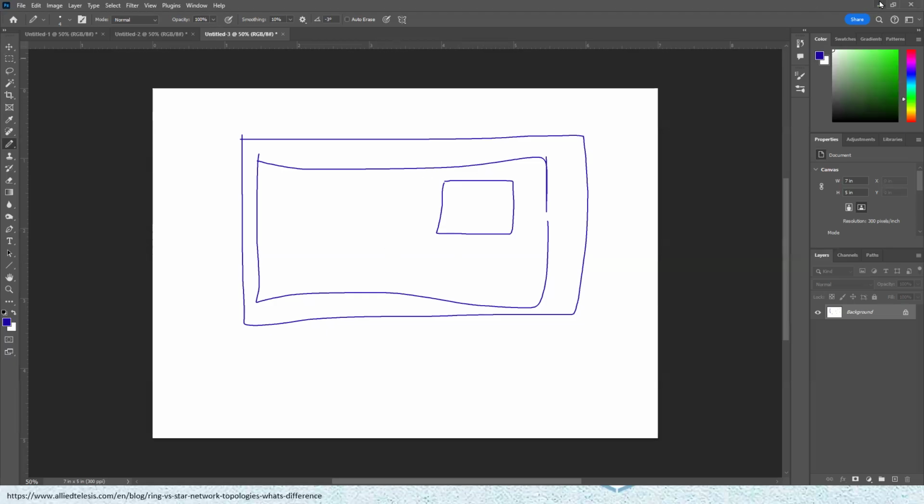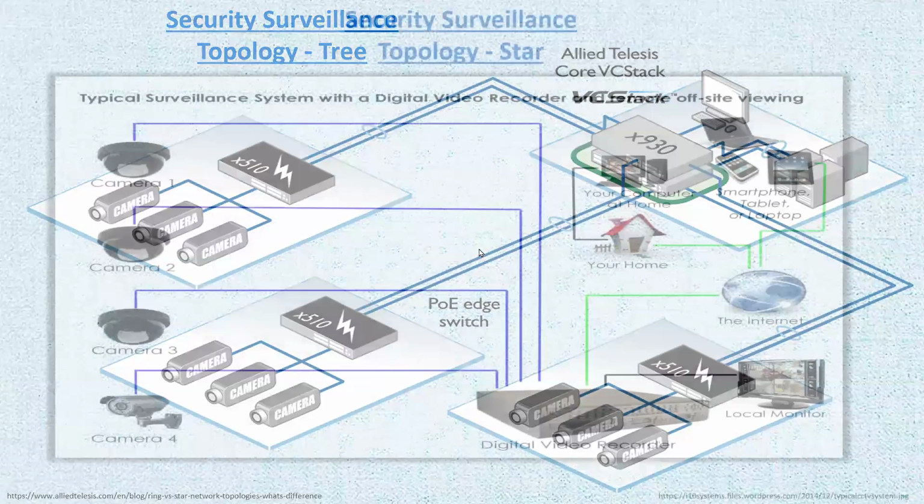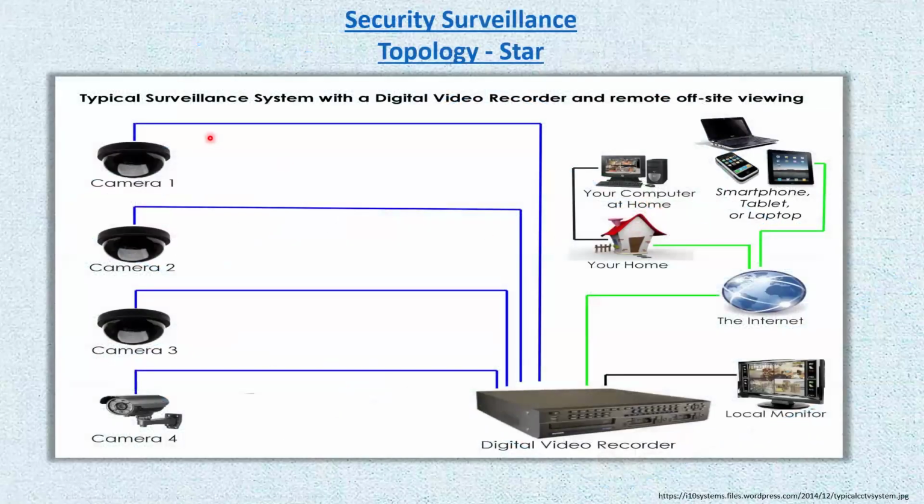All right. Are there any more slides that we can go through? Typical surveillance system with digital video recorder and remote offsite viewing. Well, okay, so we have a DVR, and in this case, you have 4 cameras connected to it. 4 cameras is a very popular system for residential, because how many cameras do you want?